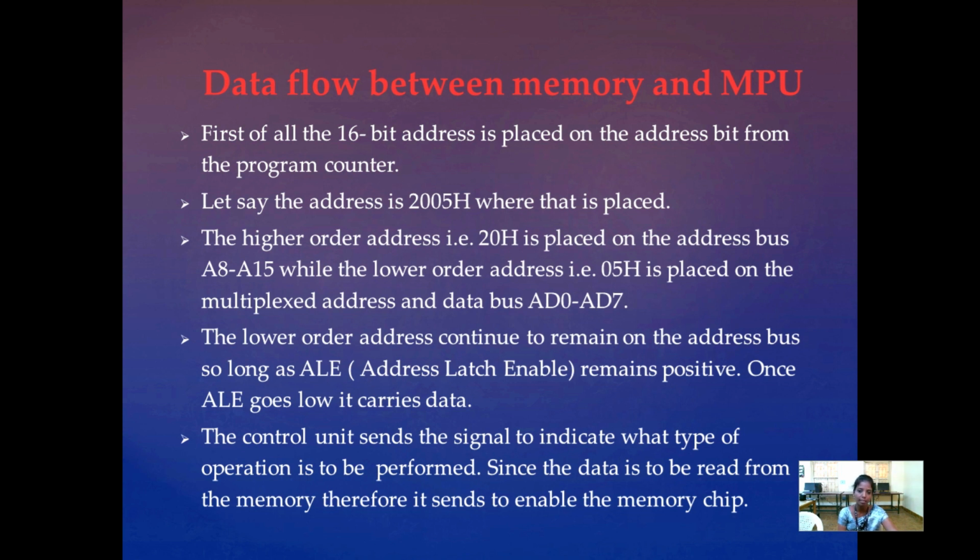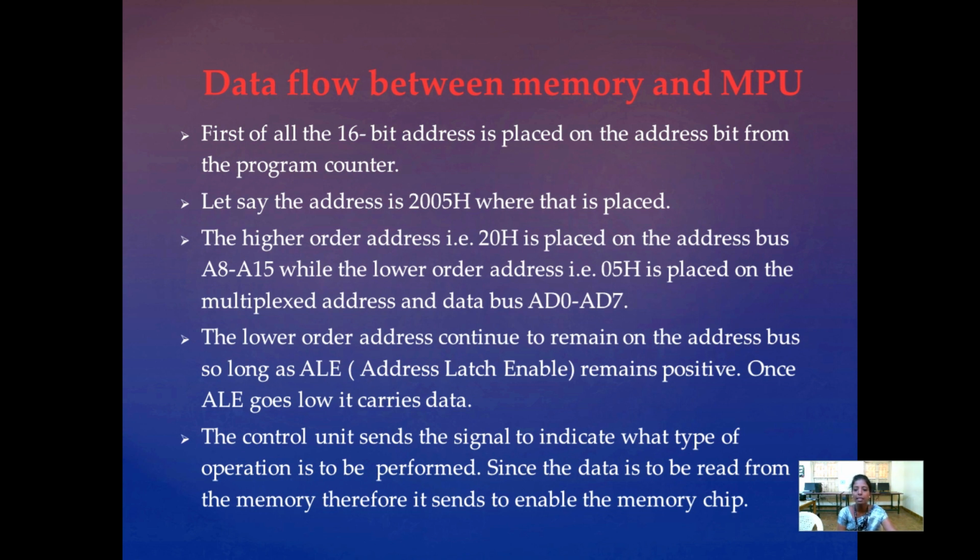The higher order address, that is 20H, is placed on the address bus A8 to A15, while the lower order address, that is 05H, is placed on the multiplexed address and data bus AD0 to AD7. The lower order address continues to remain on the bus so long as ALE remains positive. What is ALE? ALE means address latch enable. Once ALE goes low, the bus carries data.